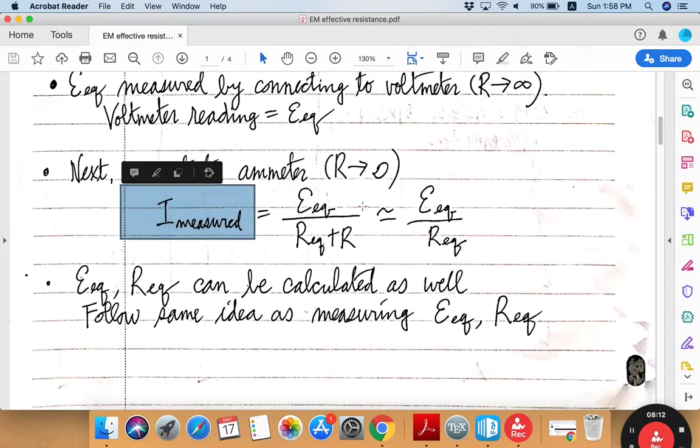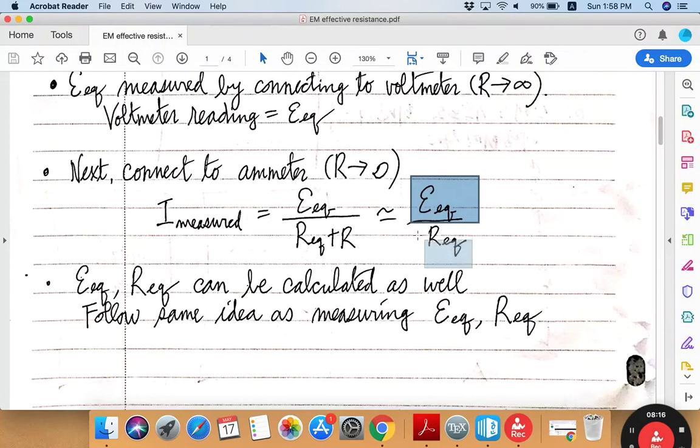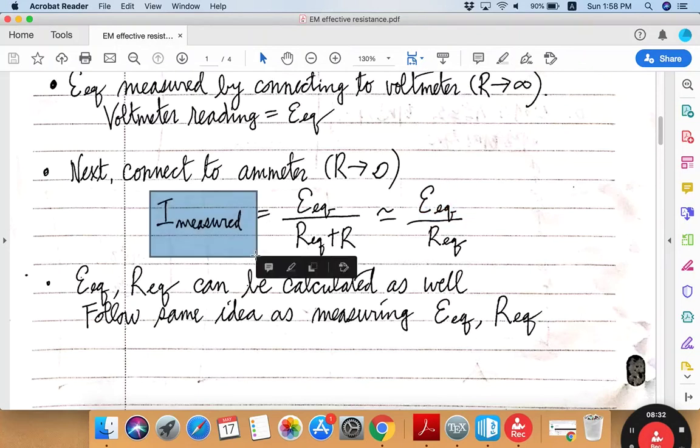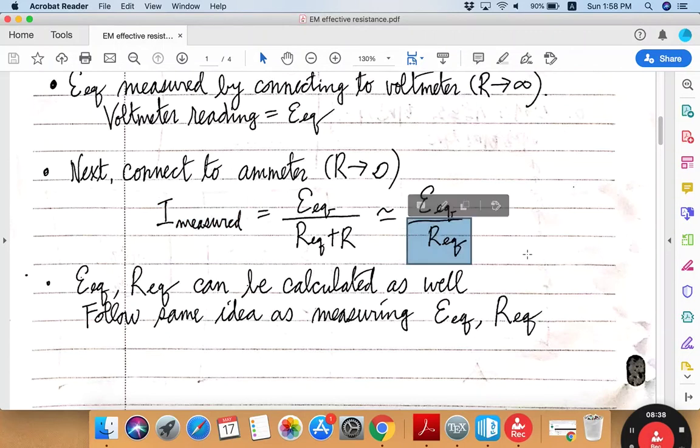So if you can measure these two quantities in the equation, then you can also derive the value of the equivalent resistance by taking the ratio of the two quantities that you have measured. You have measured this with a voltmeter. You have measured this with the help of an ammeter. You just take the ratio. And that ratio is exactly the equivalent resistance value that you have been looking for.